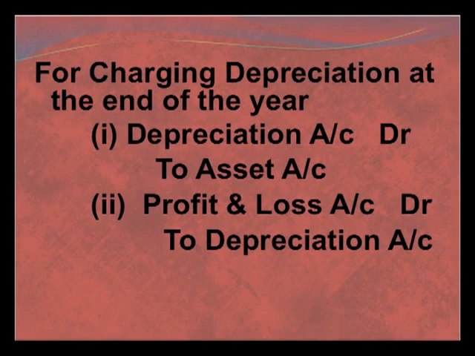Now if you have to charge depreciation at the end of the year, under this method, we will first debit depreciation account and credit asset account. And for transferring the depreciation at the end of the year to profit and loss, we will pass the entry profit and loss account debit to depreciation account.